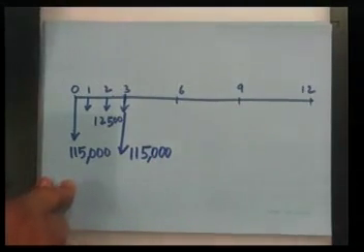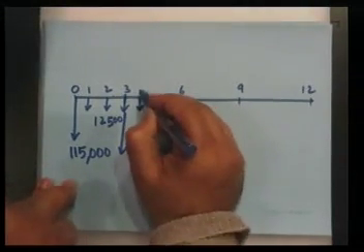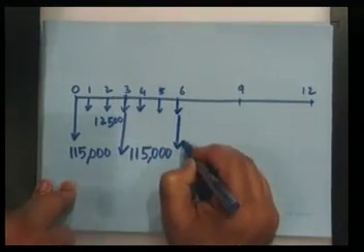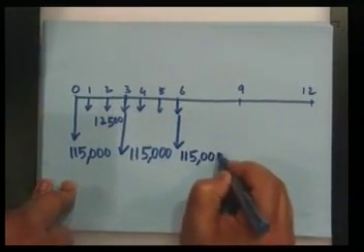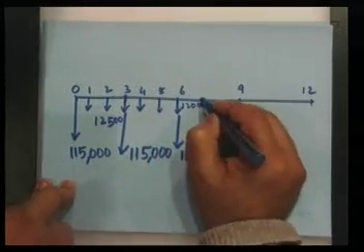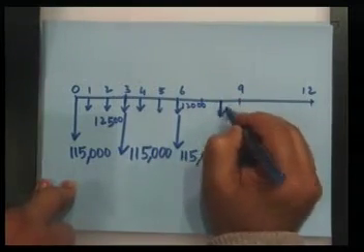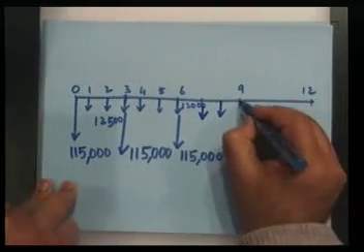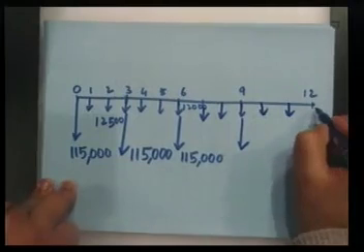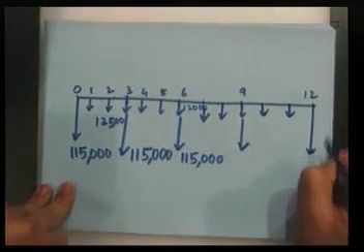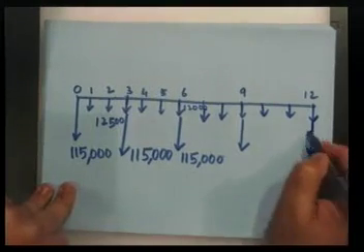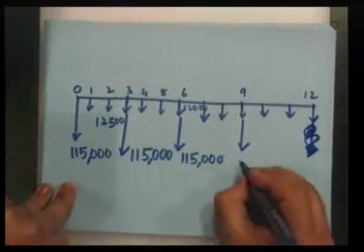Clear? Now, this 12,500 would continue for year 4, year 5, and here again we will have one more 115,000 in addition to this 12,500. Then for years 7, 8, 9 in the same manner, and 10, 11 and finally 12.